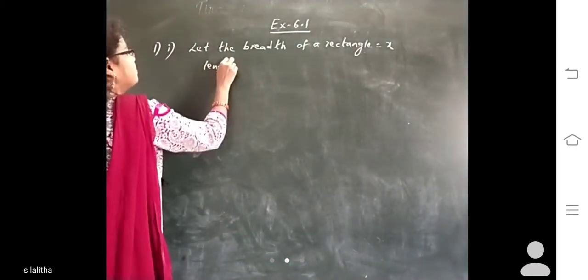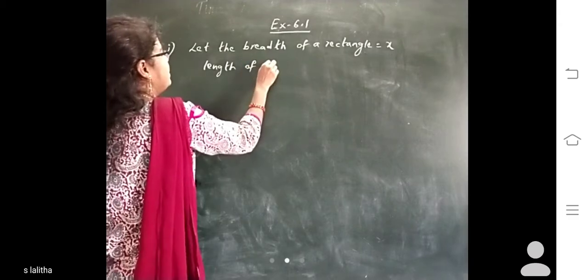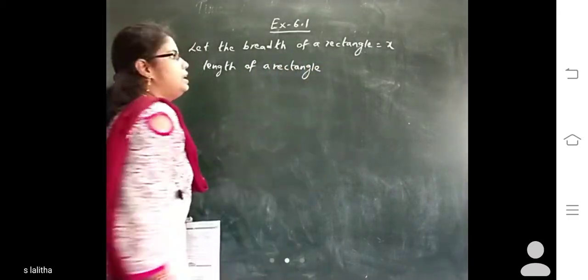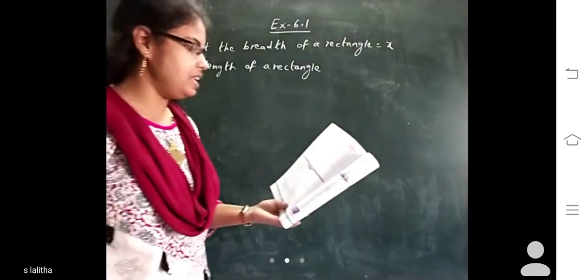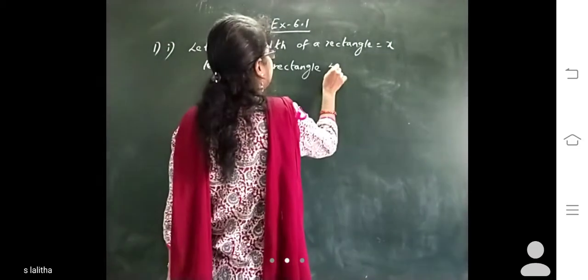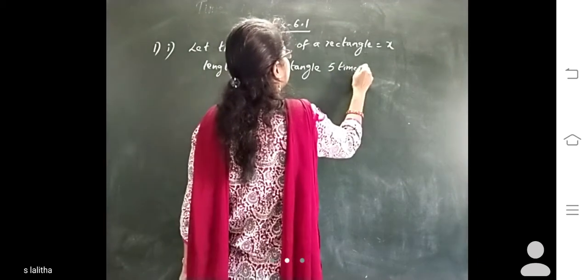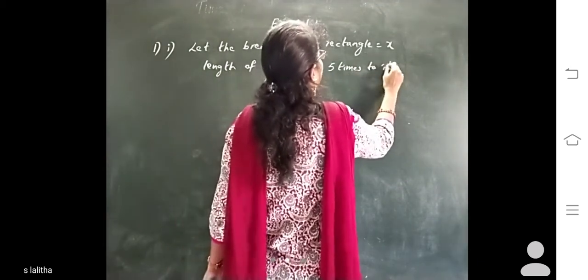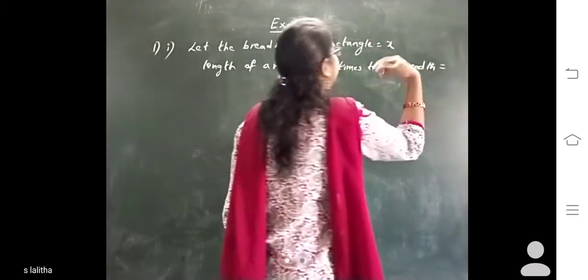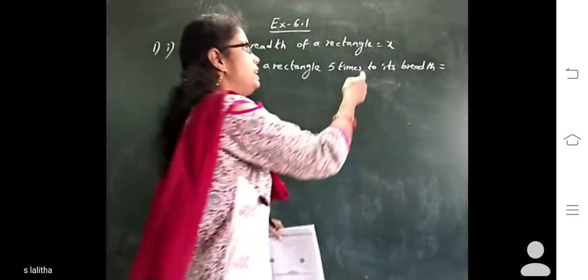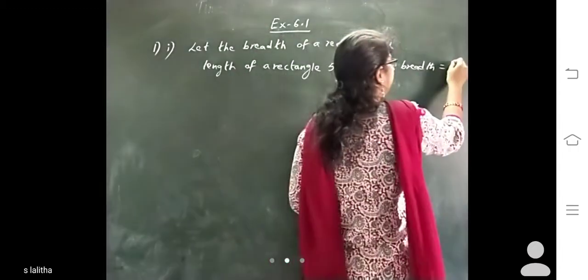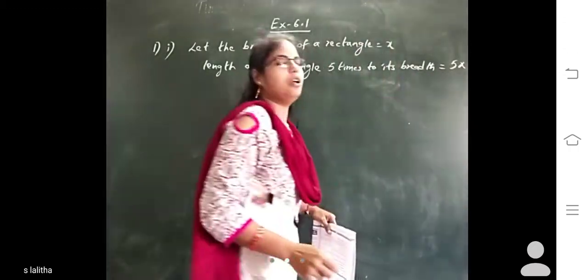Length of a rectangle, what is given here? 5 times its breadth. 5 times its breadth means, breadth is x here, 5 times means 5 into x. How much? 5x.